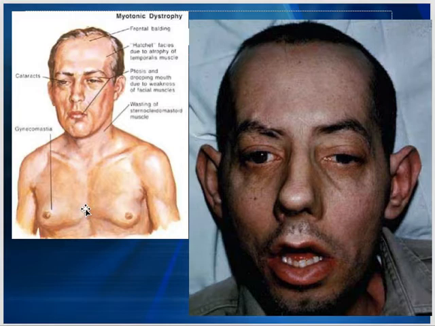And the diagnosis will be made on genetic testing. You will find CTG trinucleotide repeats on chromosome 19 for DM type 1 and chromosome 9 for DM type 2.